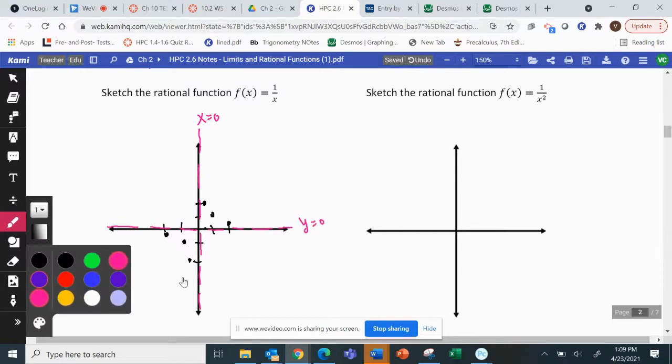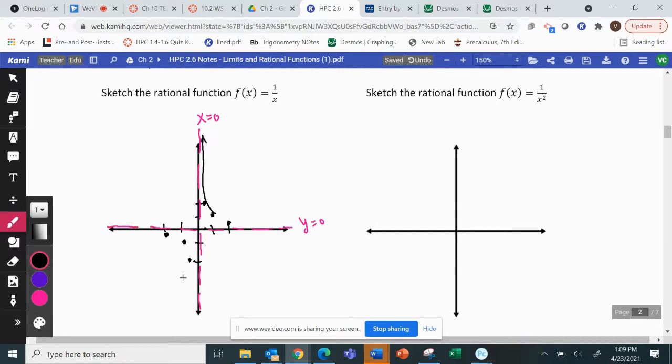And these are things that we covered a while ago. Actually, somewhat recently, we covered this in chapter 10, because this is a rotated conic.